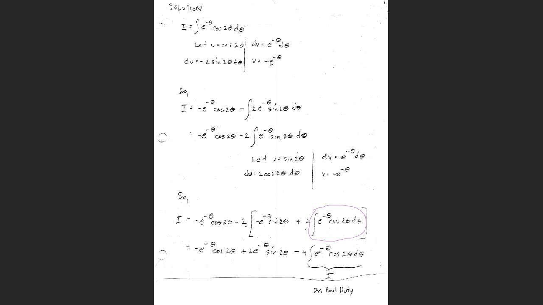So I'm going to distribute the negative 2 to both of these terms. And so my integral I is going to equal negative e to the negative theta cosine 2 theta plus 2e to the negative theta sine 2 theta minus 4 times the integral, or minus 4 times I.